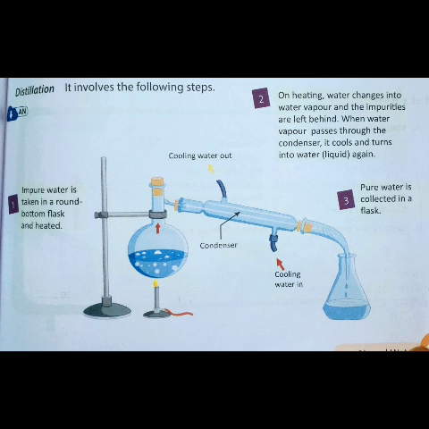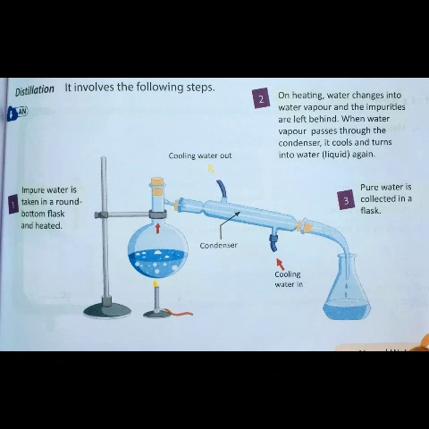The next stage, on heating, water changes into water vapor and the impurities are left behind. The impurities are left in the flask.